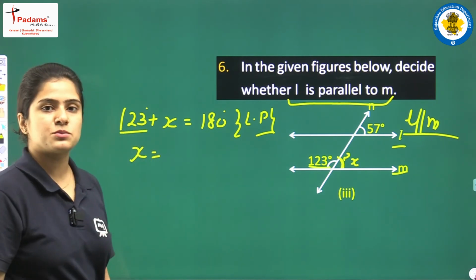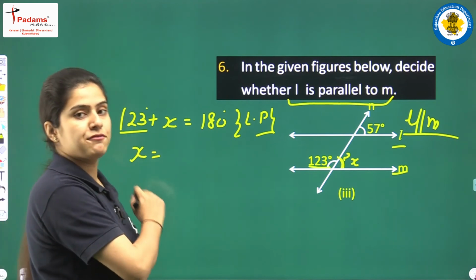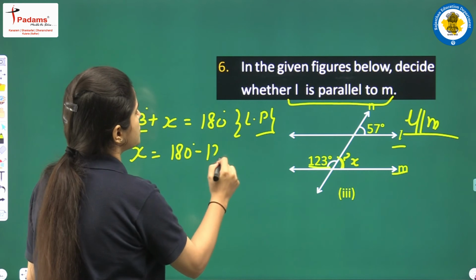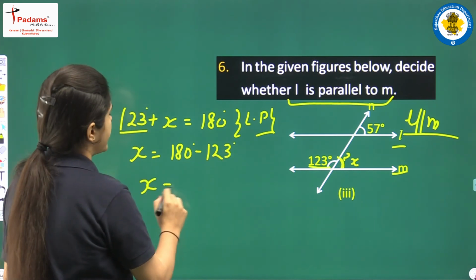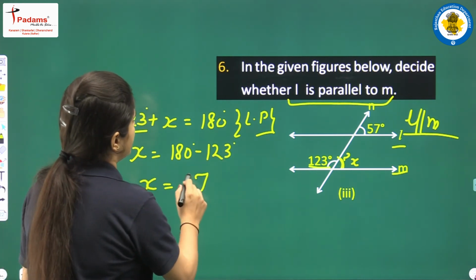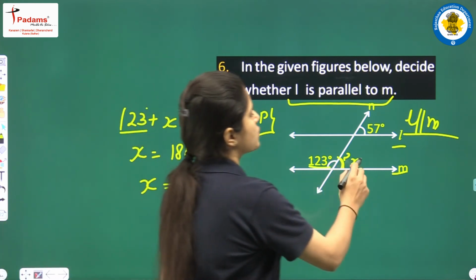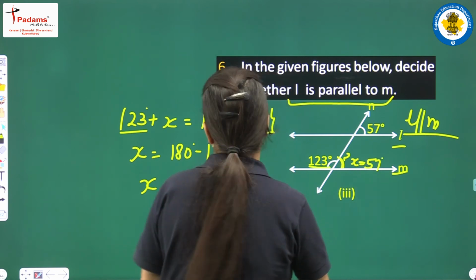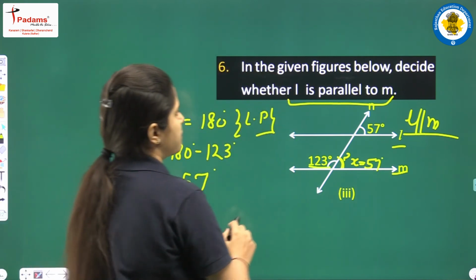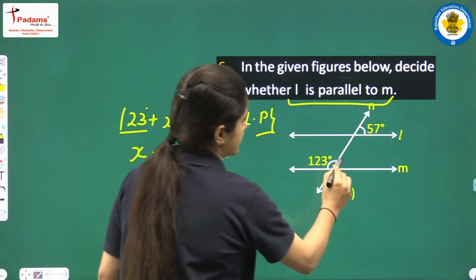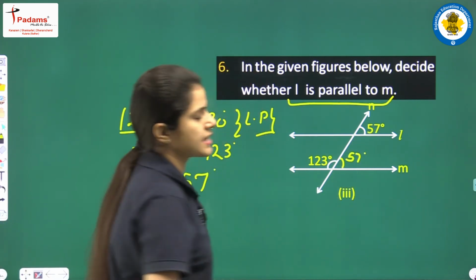Now transpose this 123 from the left hand side to the right hand side and it will become minus 123. So this x will turn out to be 57 degrees. Okay students, this is 57 degrees. Now this is 57, this is 57.